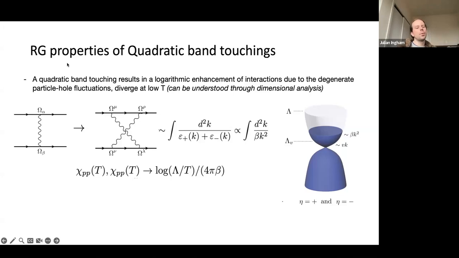And so we have this Feynman diagram on the right here, which represents one of the corrections which renormalize the bare value of this interaction here.